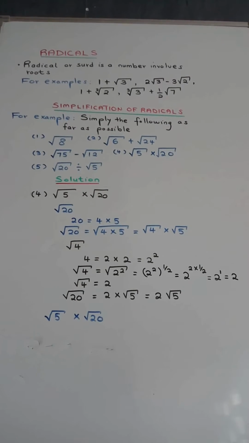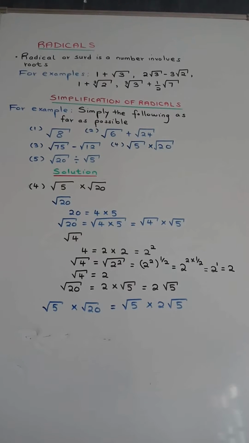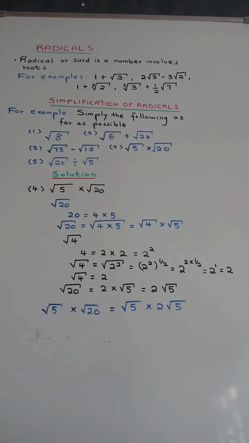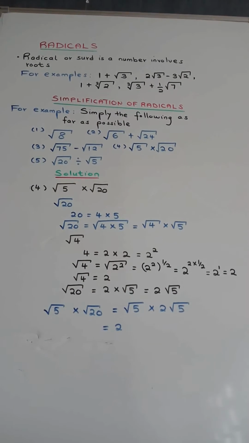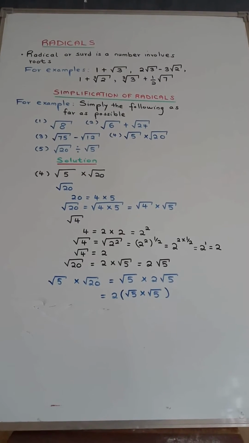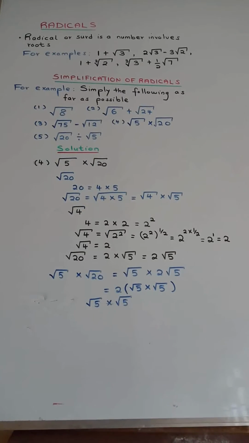So radical 5 times radical 20 is equal to radical 5 times 2 radical 5, which is equal to 2 brackets radical 5 times radical 5.